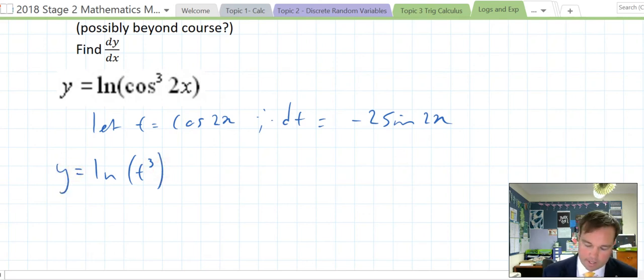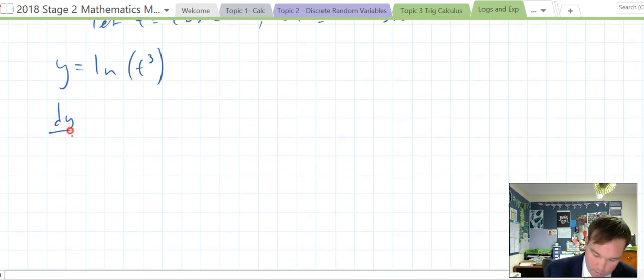So if y is equal to ln of t cubed after this substitution, therefore dy dt is equal to the derivative of this multiplied by dt. So let's find the derivative of this. Well, the derivative of this is 1 on t cubed multiplied by t squared, because that's the derivative of the inner.